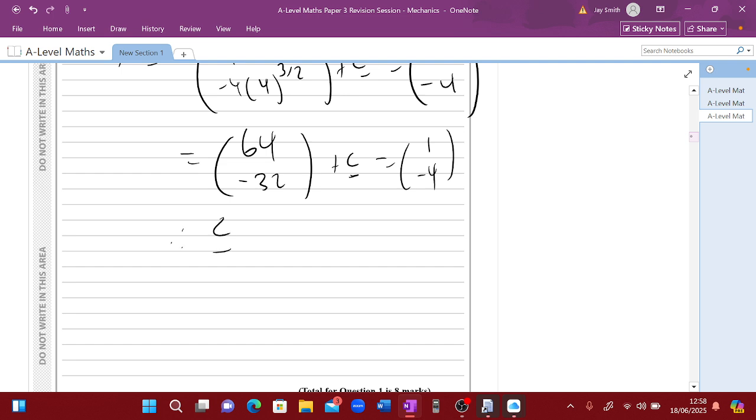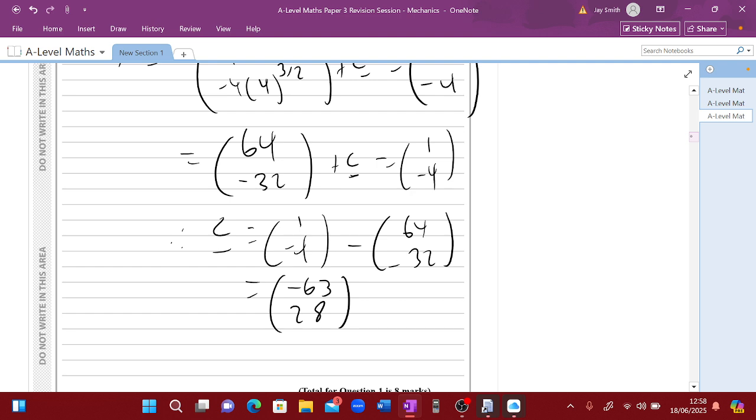Then we can say that c is going to be the vector 1, minus 4, minus the vector 64, minus 32. And it works in the way you expect. So you take away the top part, so 1 minus 64 is minus 63. Minus 4 minus minus 32, well, minus 4 add 32 is going to be 28. So that's your c vector.